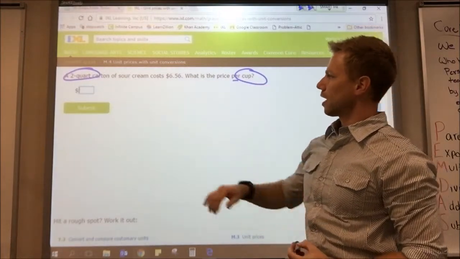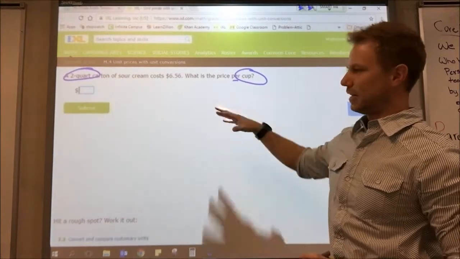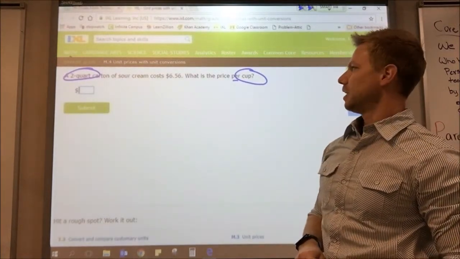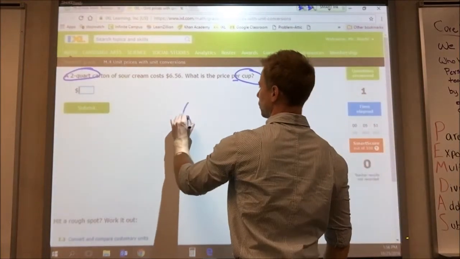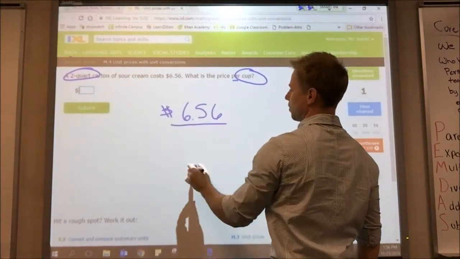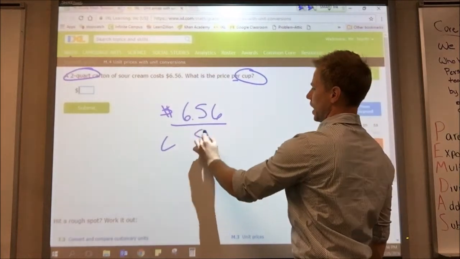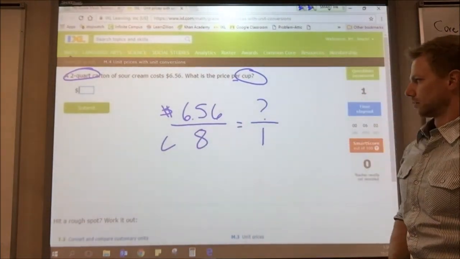You can Google that, just type in how many cups are in 2 quarts, and then you can use that in your proportion. I know that there are 8 cups in 2 quarts. So my labels are going to be money and cups. So it's $6.56 for 8 cups. What is the price for 1 cup?